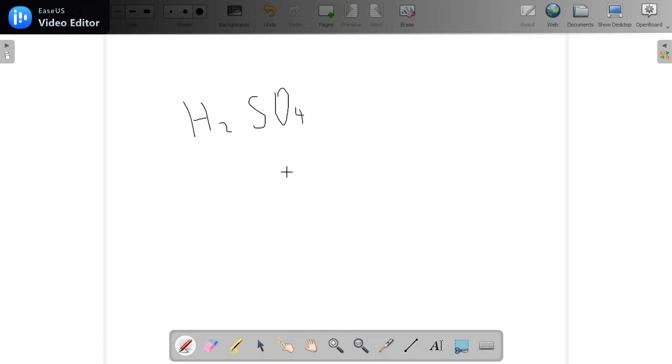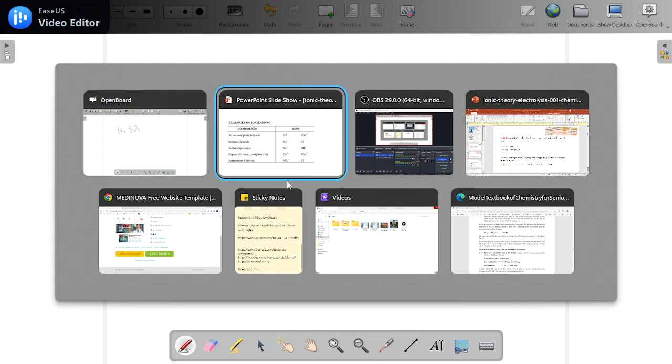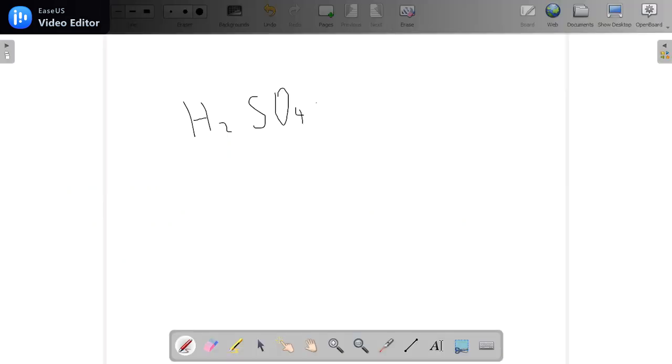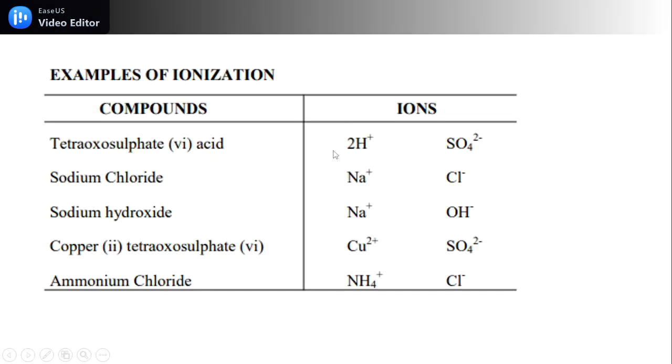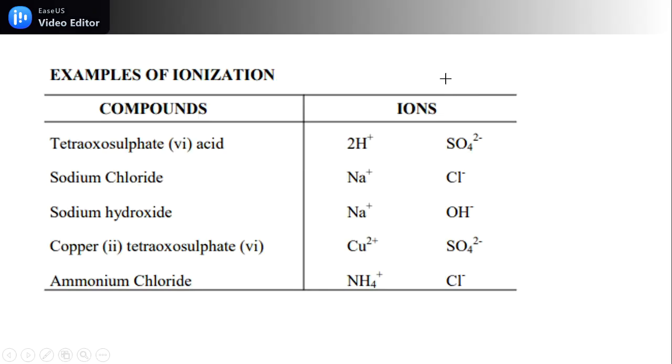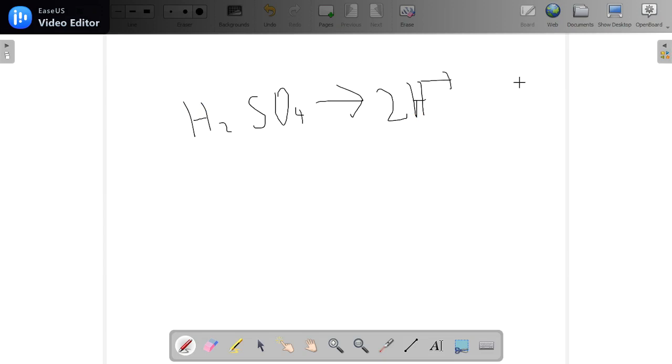It dissociates into ions, having two atoms of hydrogen here, 2H+, then SO4 2-.